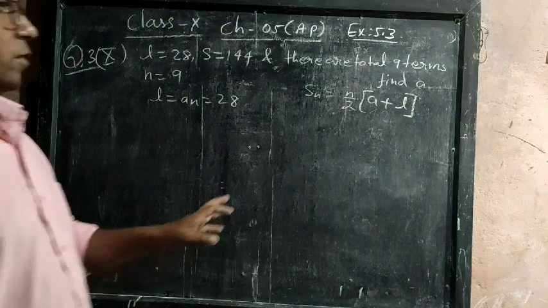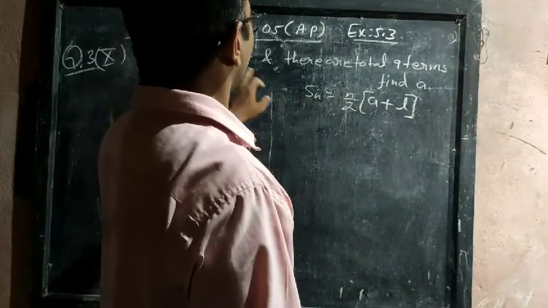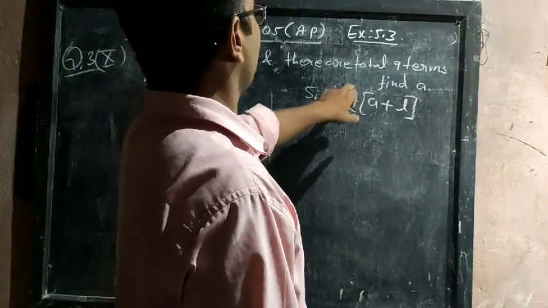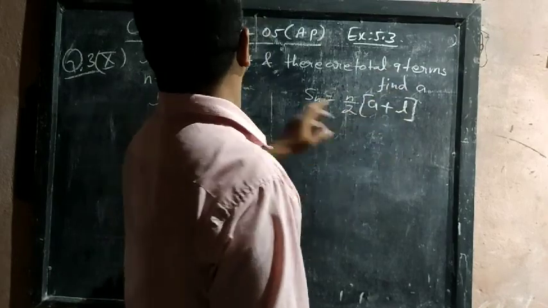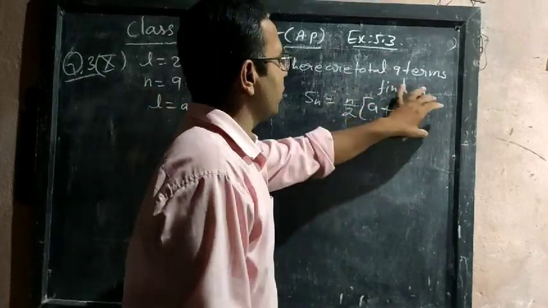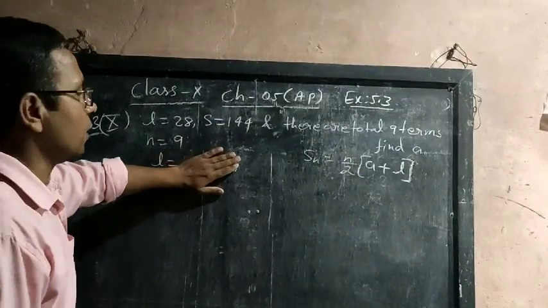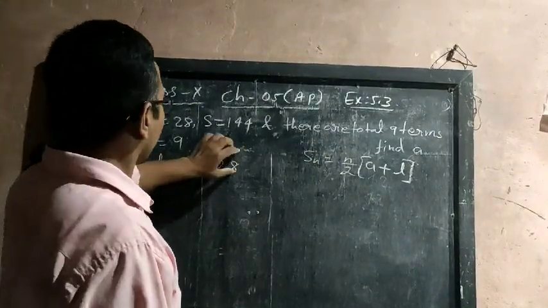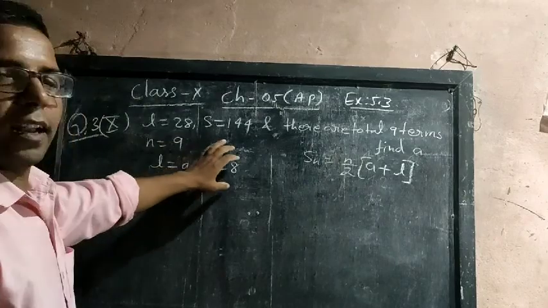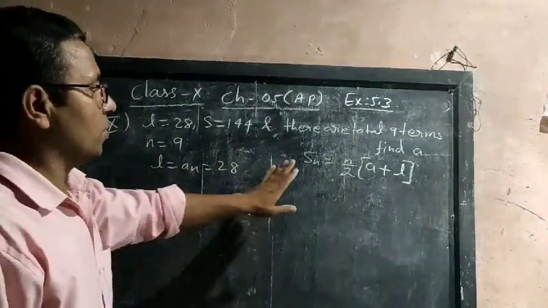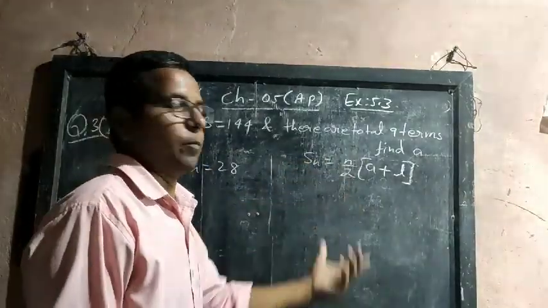From here, Sn is 144, n value is 9 and L value is 28. No need to use An here. You can get the value from there also, but it will take time, and this one makes it simple.